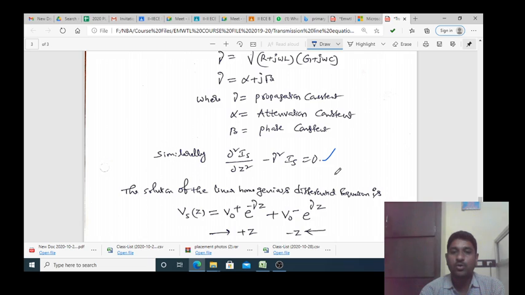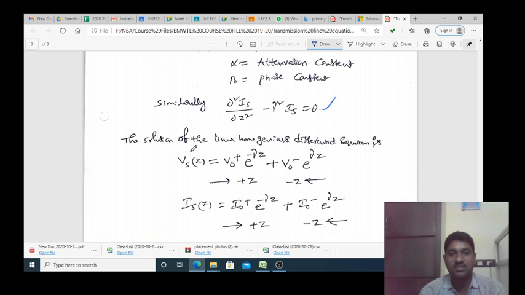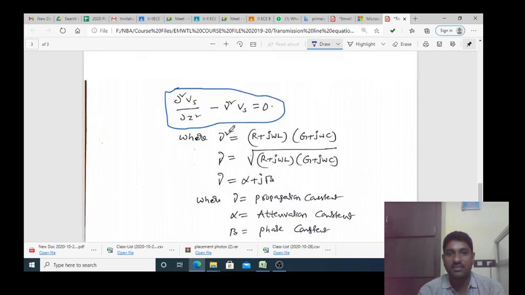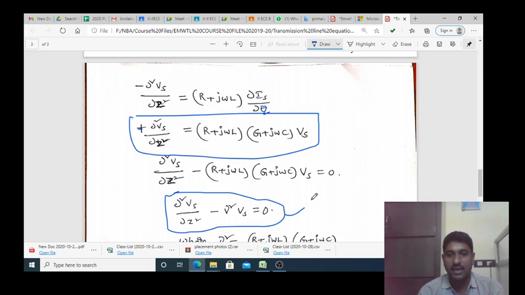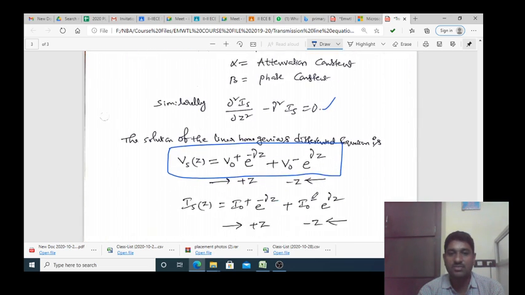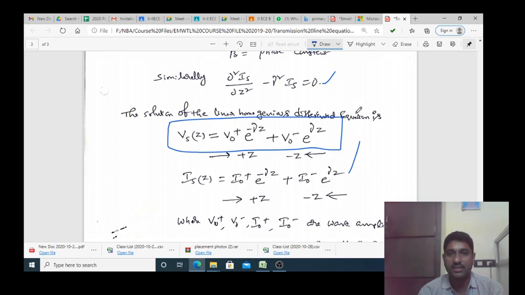By solving the above two equations, you will get the final equations for Vs and Is. You can see that this is the solution for the first differential equation, and this next one is the solution for this differential equation.